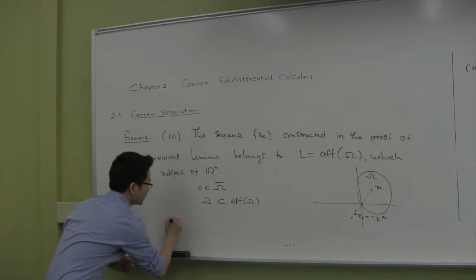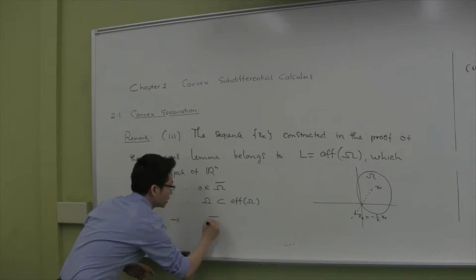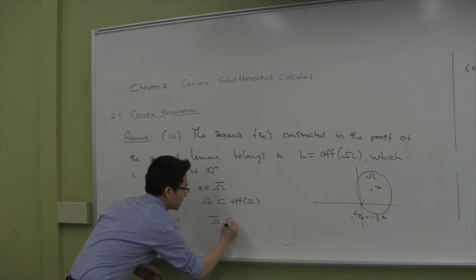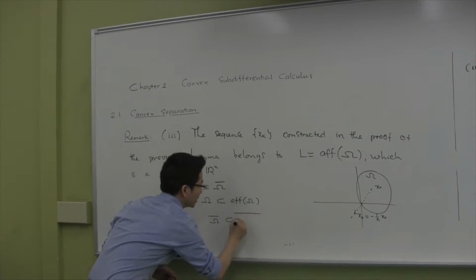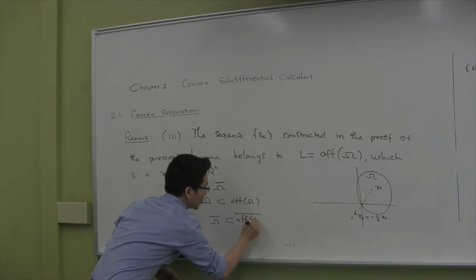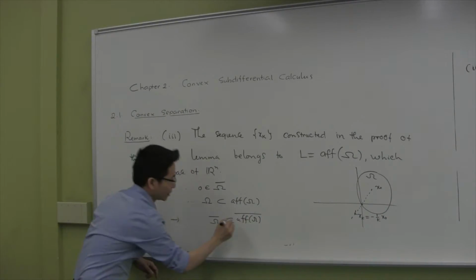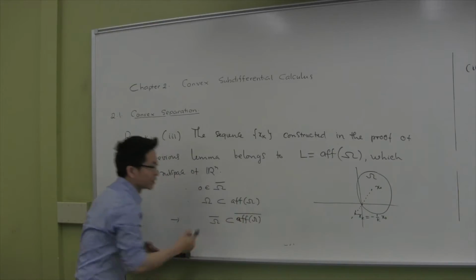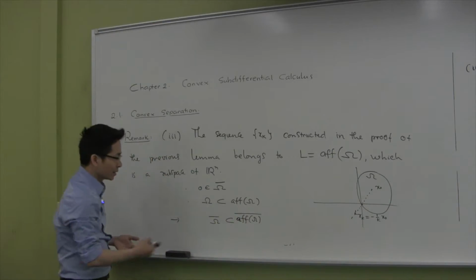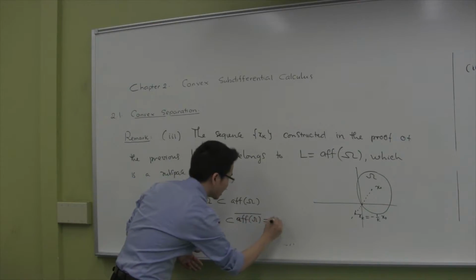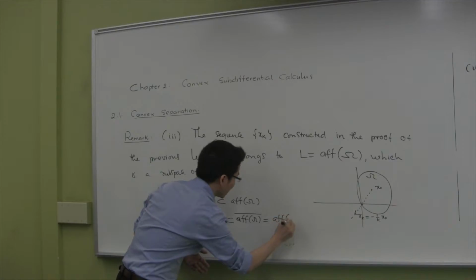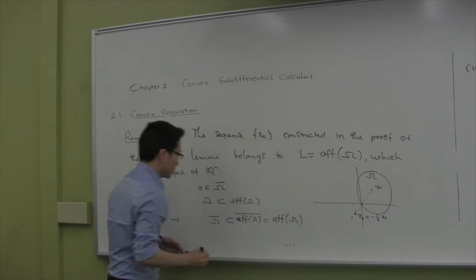From this, we see that the closure of omega is a subset of the closure of the affine set generated by omega, and as mentioned in the previous remark, this set is closed, so this is the same as the affine set generated by omega.